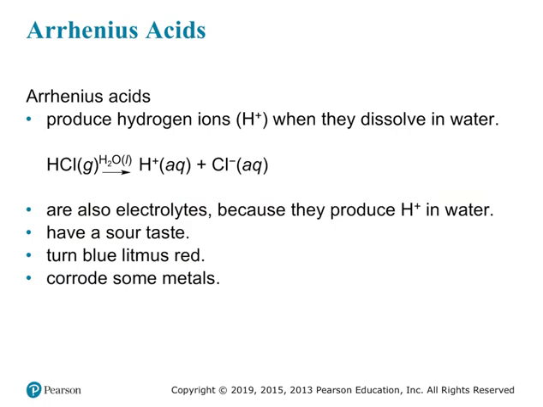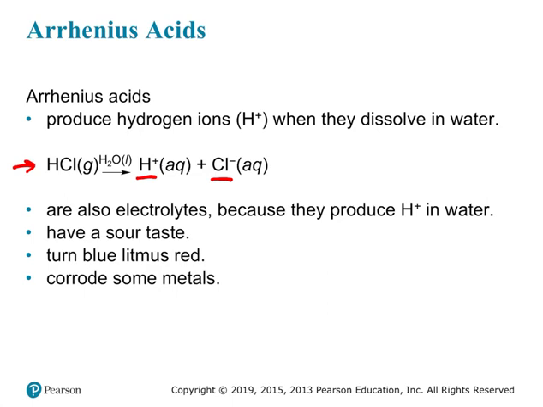Arrhenius acids produce hydrogen ions when they dissolve in water. A really good example is hydrochloric acid, and when that is dissolved in water, it breaks apart into hydrogen ions and chloride ions. All acids are going to produce these hydrogen ions in water.